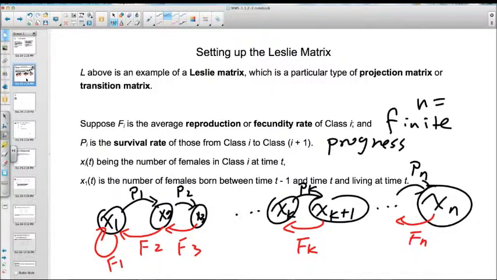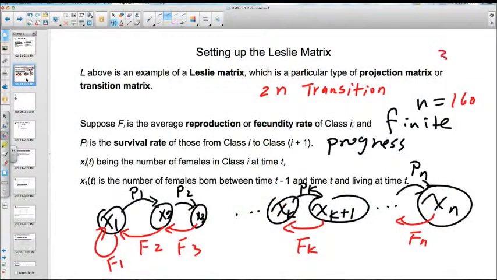So how many transitions should we have? Maximum, we have 2n transitions. If you consider a turtle could live to 160 years, your n is going to be 160. You're going to have 320 transitions. That's too complicated. We're going to look at another type of model in the next lesson.